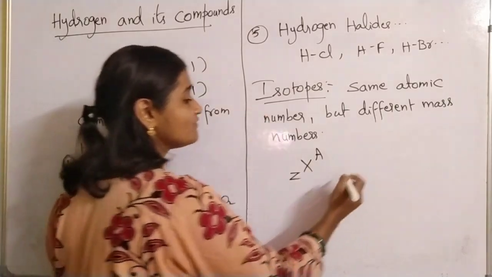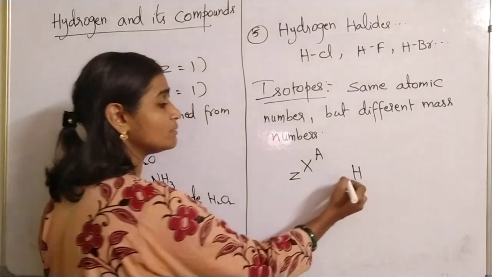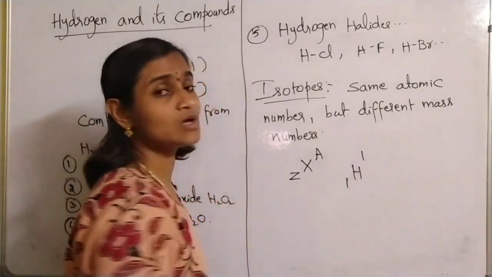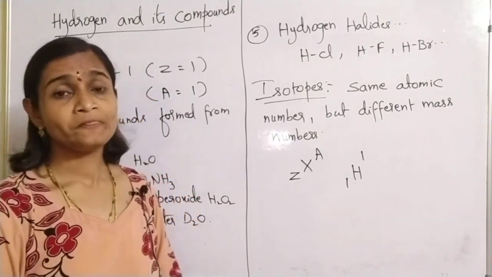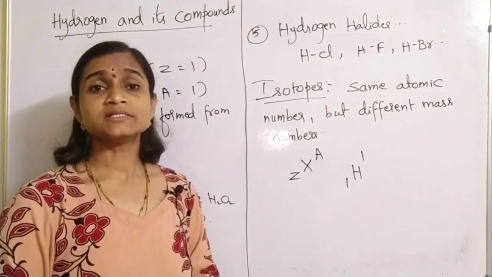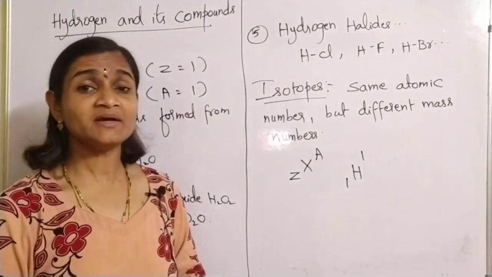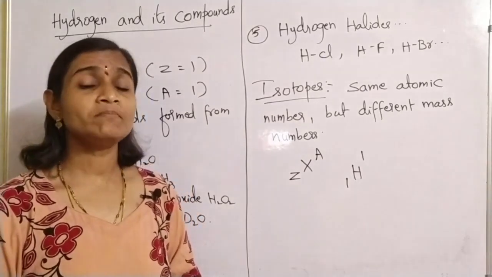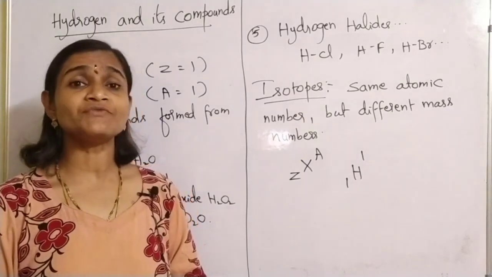For hydrogen, the symbol is H, its atomic number is 1, its mass number is also 1. So this is the normal form of hydrogen. Hydrogen also exists in the form of isotopes, with the same atomic number but different mass numbers.